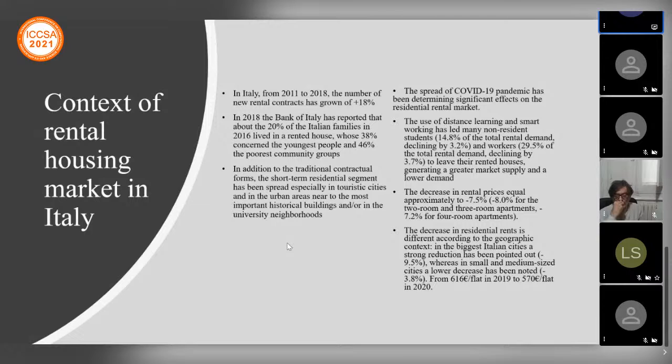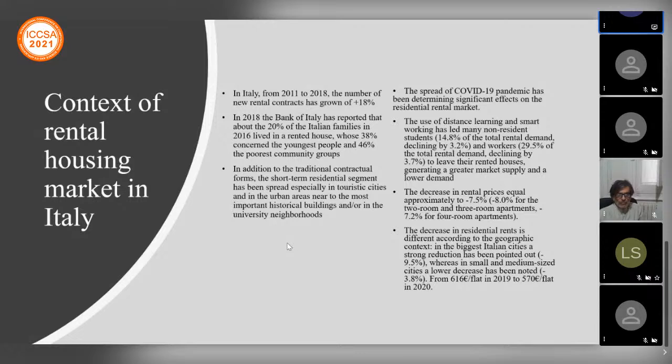So the biggest decrease in the rental sector is in the bigger cities where there is a big university presence.